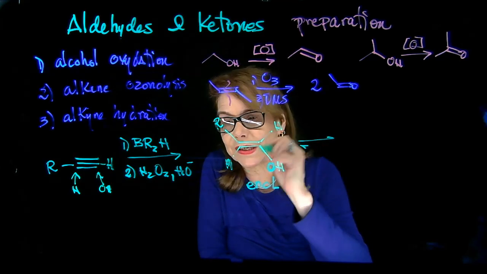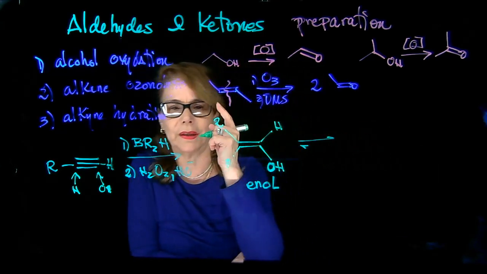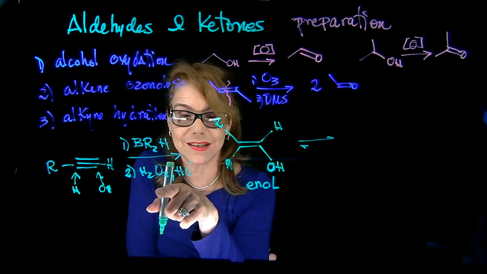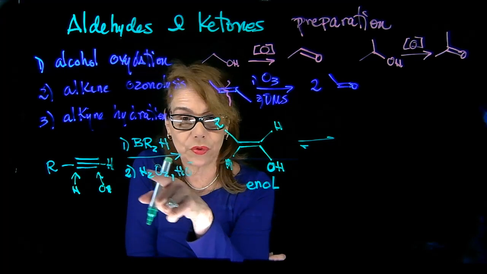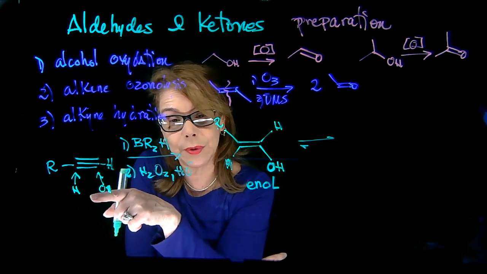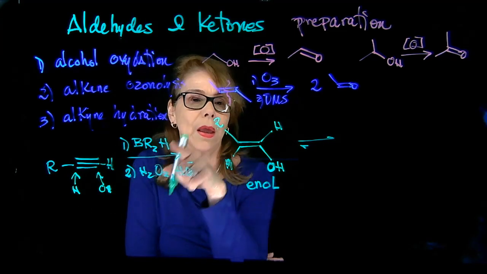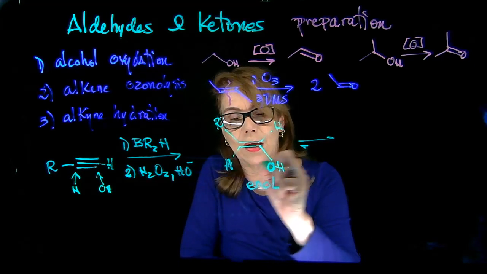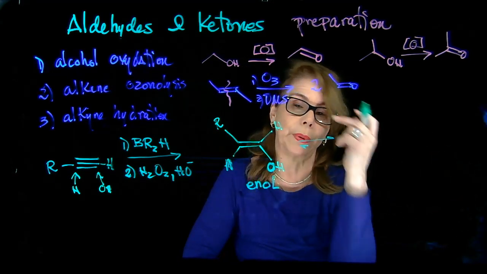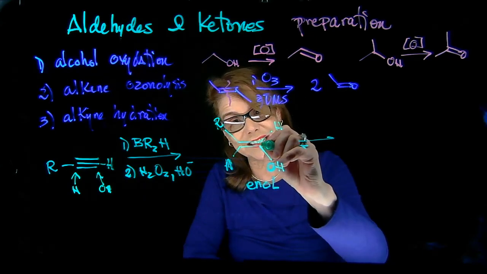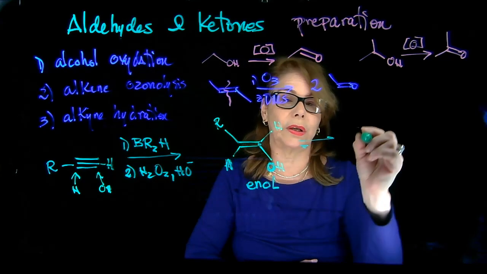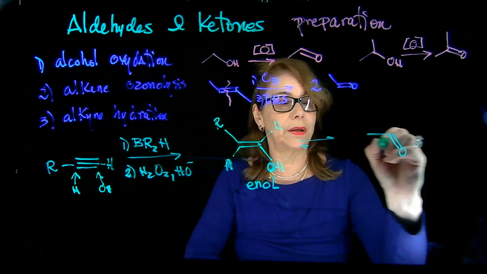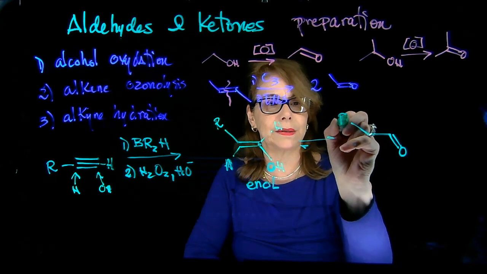But what I want you to see when you're predicting products is, again, first step, remembering that when you use borane, this is anti-Markovnikov, so you will put the H at the more substituted carbon of the 2 in the alkyne. Second, once you have the enol, the tautomerization will happen to give you a carbonyl compound. Since the OH is at the terminal carbon, you're going to get an aldehyde. So you're going to get the following here, not drawing the mechanism of the reaction.